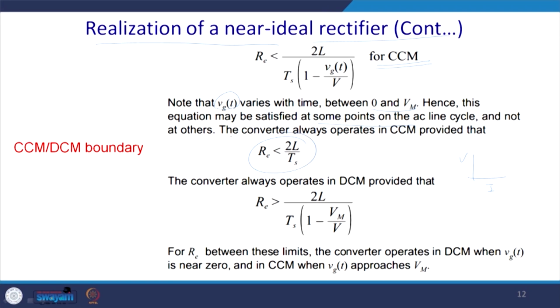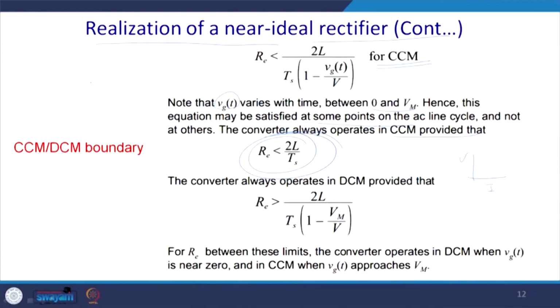So, the converter operates in CCM provided that this Re, the equivalent load essentially, is known. Ultimately you should know the load, whether it is 5 kilowatt or 3 kilowatt, and what the current rating is. From there you can calculate the Re. So, this Re value should be less than 2L by Ts.